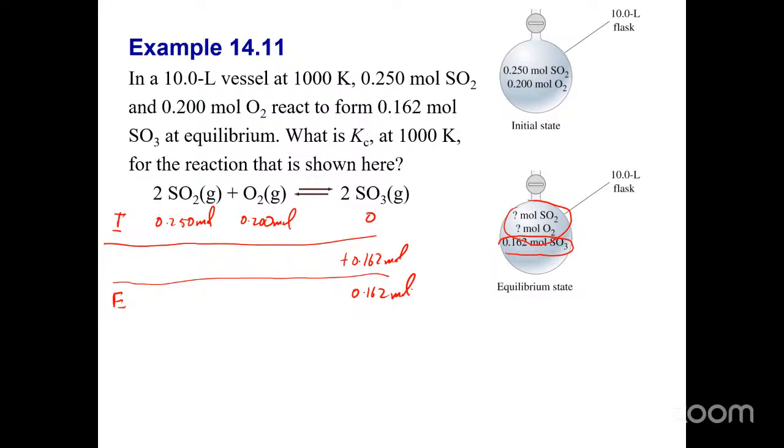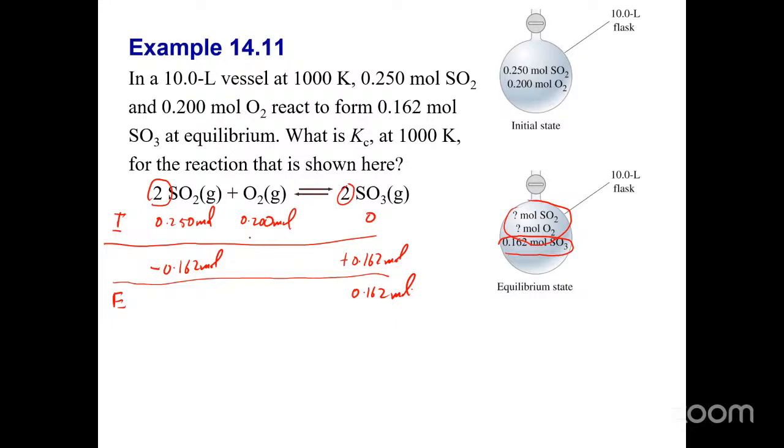Based on the stoichiometry of this equation, for every 2 moles of SO2 that reacts, 2 moles of SO3 are produced. That tells us that the change as far as the SO2 is concerned is minus 0.162 moles, because of the 2-to-2 ratio between the SO2 and the SO3.